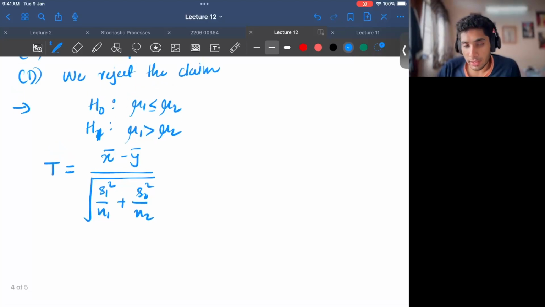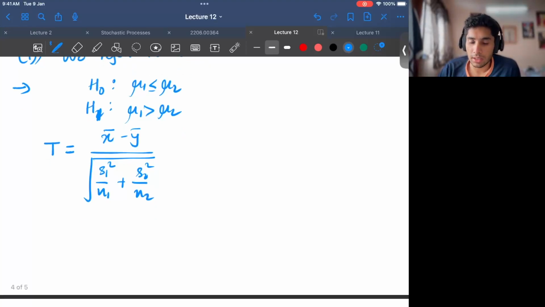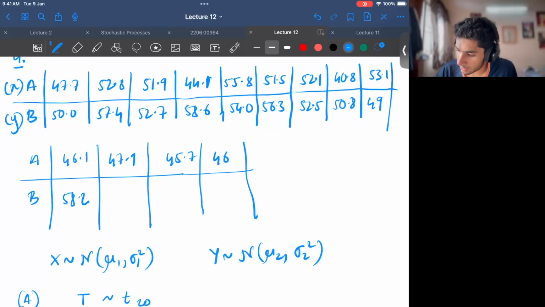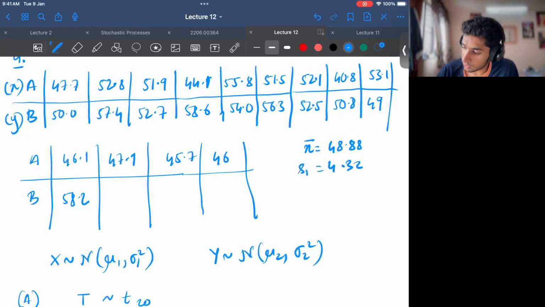So x bar and y bar are sample means and s1 square and s2 square are sample variances, right? So using this data, if you calculate these, x bar comes out to be 48.88, and S1 comes out to be 4.32.